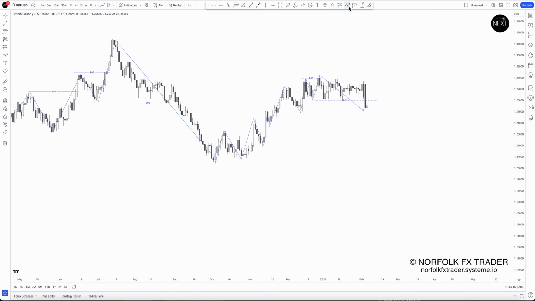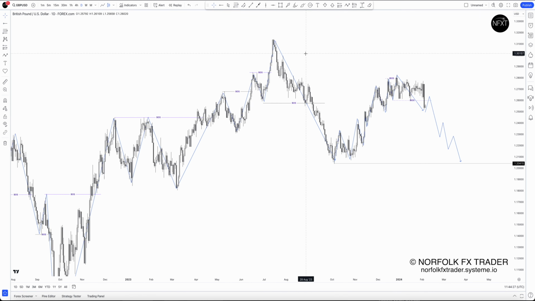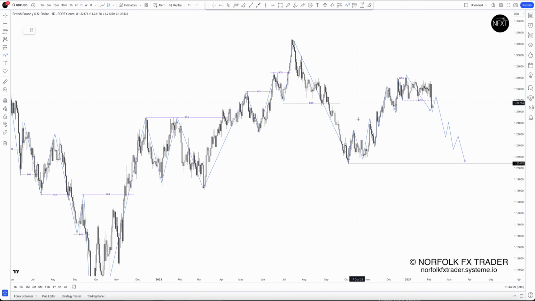That tells us we're looking for a pullback to continue short until we remove this low, because this is our last low, where we see the pullback. So we then have this swing pullback continuation. Notice how we have inside these moves our structure.